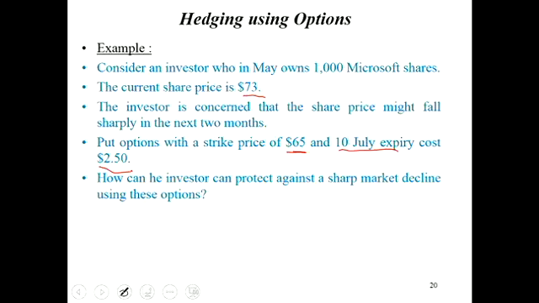So as Microsoft drops, in fact, they're over here at this point, 73 just at the moment, but they're fearing some big drop for whatever reason. And essentially what this does, it means that your 1,000 shares will never be worth less than $62.50. Oh, sorry, hang on, I'll show the other one. Sorry, that's right, $62.50, because you can always get 65 from the option. And of course, that protection costs you your $2.50.